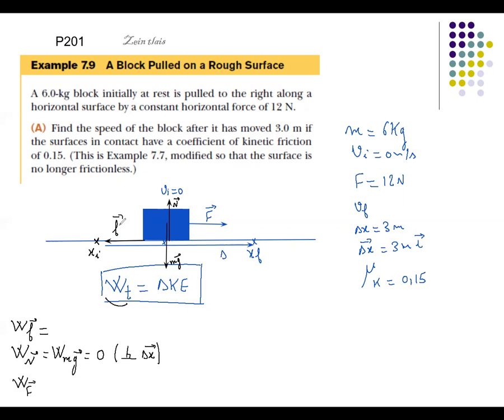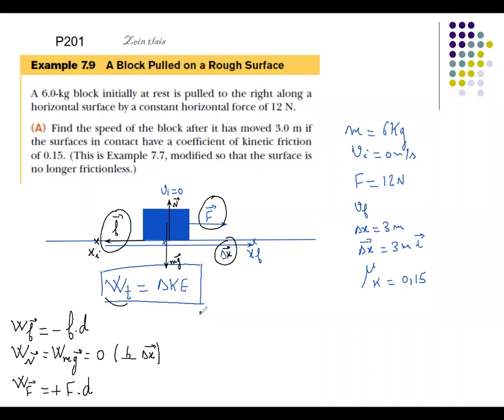Here, as you know, f is opposite to the displacement, so it equals minus f times d. And capital F has the same direction as the displacement, so we write plus F times d.